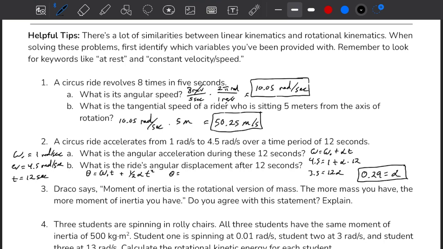So I would have 1 times 12, or simply 12, plus 1/2 times 0.29 times 12 squared. So I take half of 0.29, multiply by 144, and then add 12 to it.